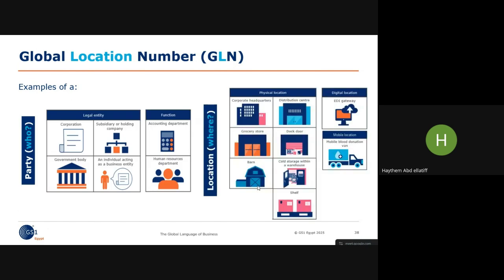And this is an example of a GLN for the party, maybe a government body, and the accounting corporation. This is who, as a legal entity, and also the location. The GLN identifies the location as a physical location: the distributor, the manufacturer, pharmacies. This is the main two functions of the GLN.